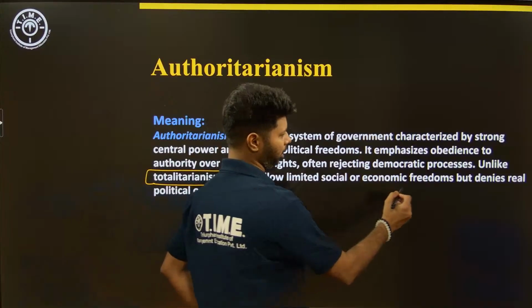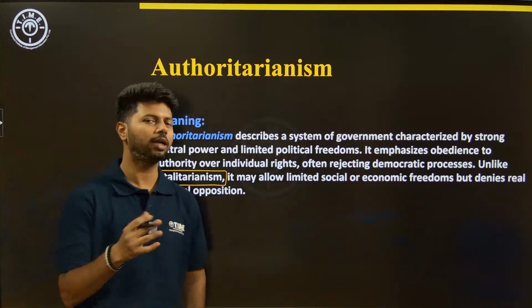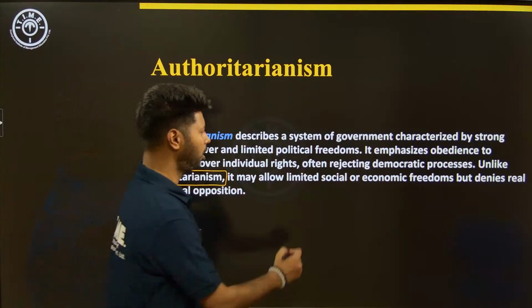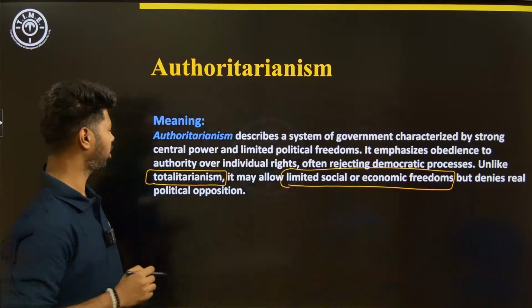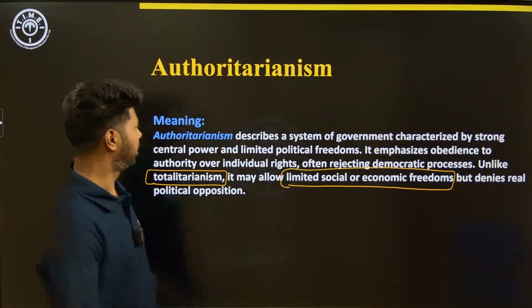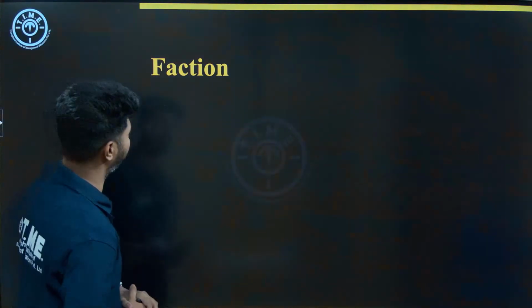So, no real political opposition. It does allow, however, for some kind of limited social or economic freedoms. All right, that's how it is different from totalitarianism. All right, let's take a look at the next word, faction, not fraction, it's faction.